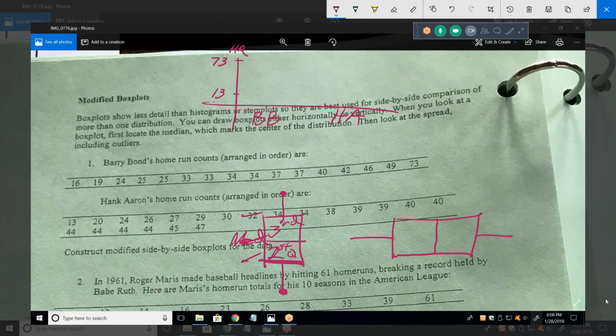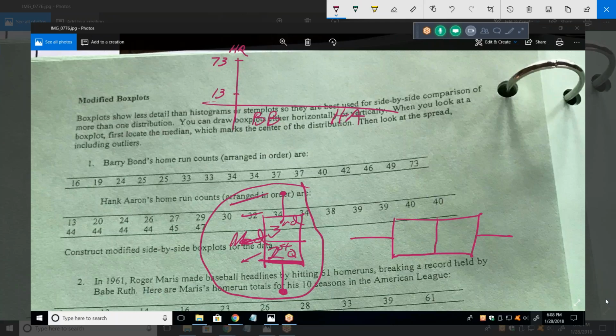The median is definitely the line in the middle. So what's the median on Barry Bonds? Let's just assume this is our proper picture. I'm not sure why my book indicates otherwise. Maybe this is the modified box plot. This is the way it should be.